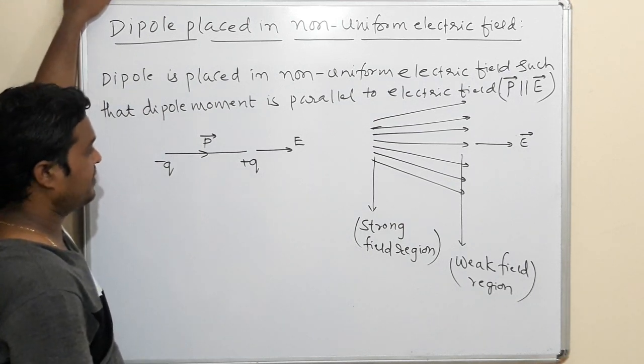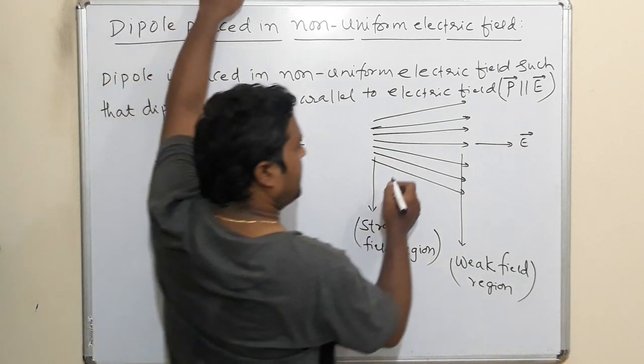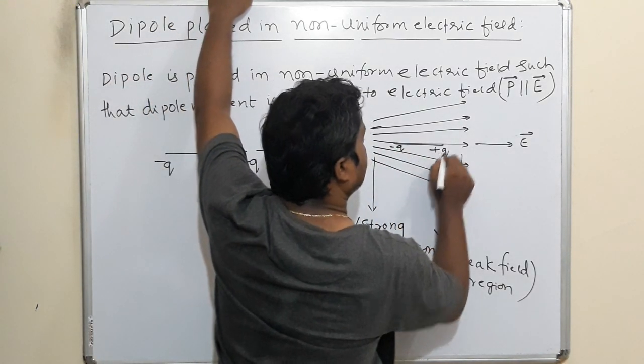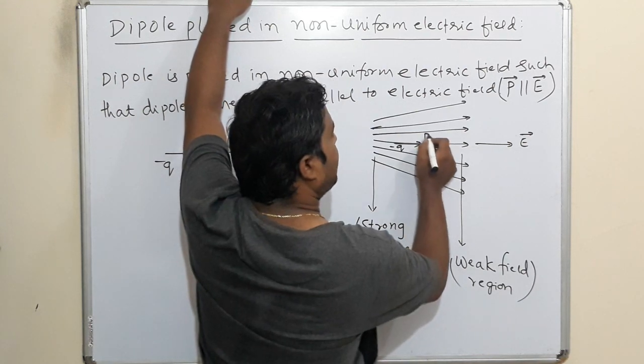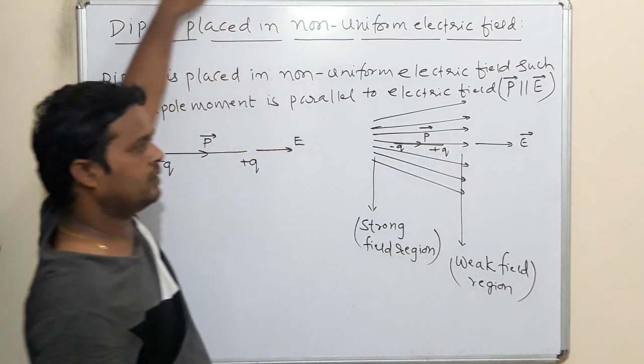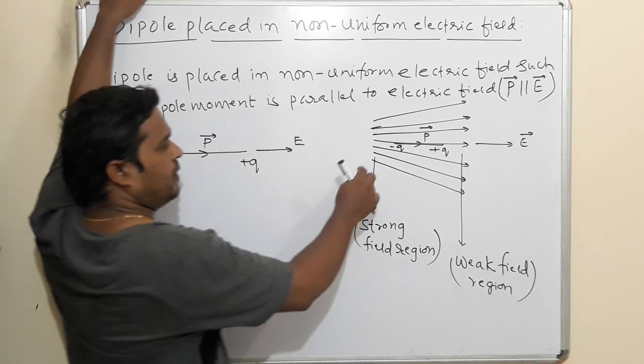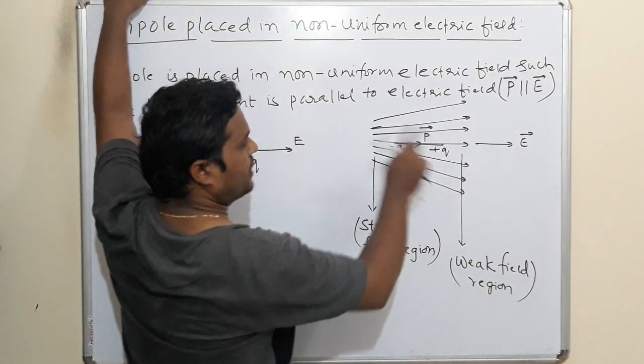You see, suppose the dipole is placed like this, this is minus q, this is plus q, and this is the direction of dipole moment. Then what happens? The electric field will exert force on both the charges.